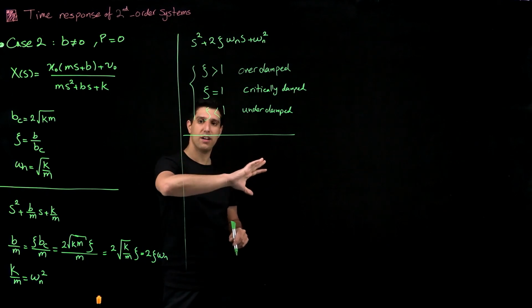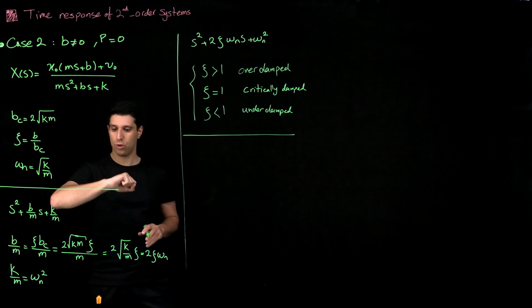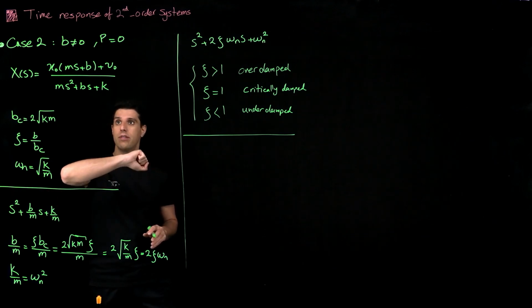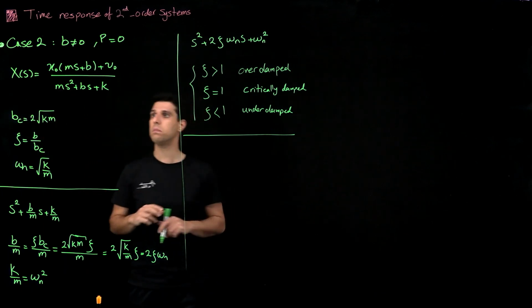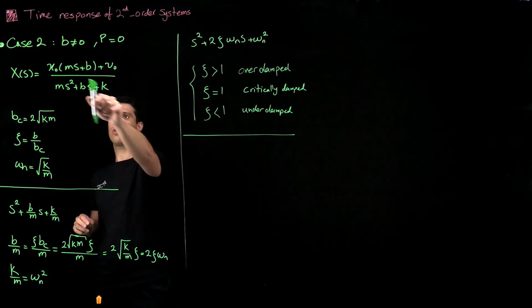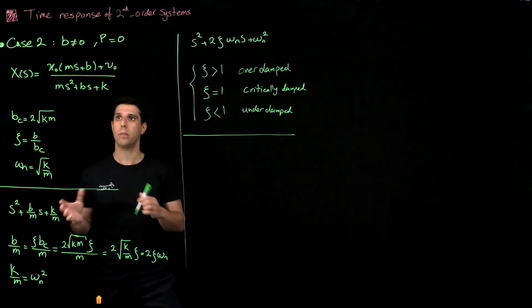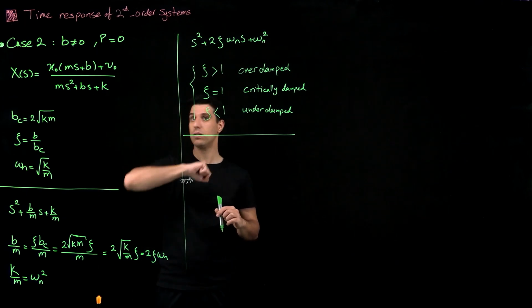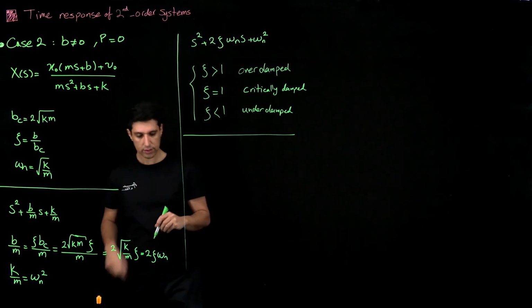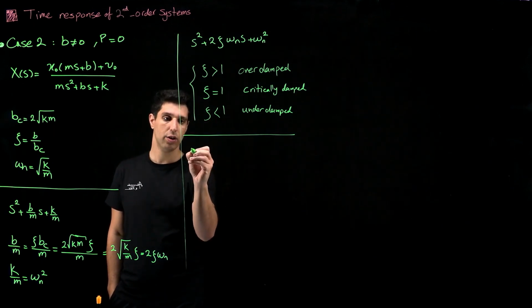Feel free to skip ahead. It doesn't matter if you see the derivation. The derivation is relatively straightforward but cumbersome, in that you have to separate these terms into forms you're familiar with, entries in the Laplace table. But if you do that, you will arrive at equations for this system.